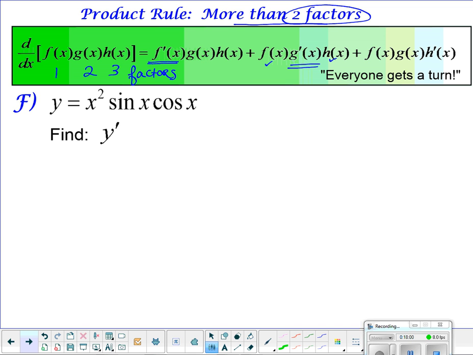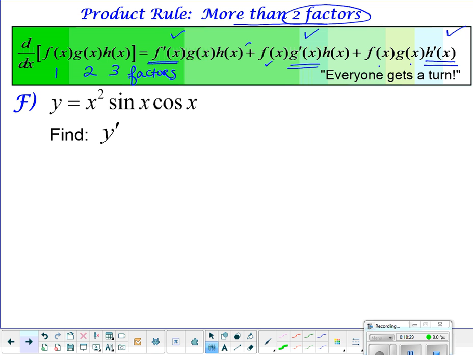Notice addition is in between each of these ideas, and I take the derivative of h, multiply it by f and g of the original functions. So looking this over, I end up taking the derivative of f, I end up taking the derivative of g, and I end up taking the derivative of h. They all get a turn at having their derivative taken, and then multiply it by the other 2 original functions.